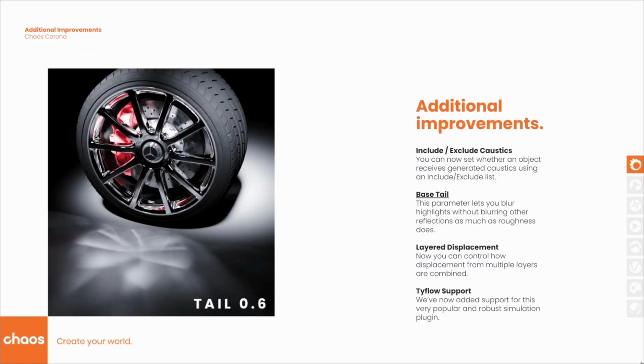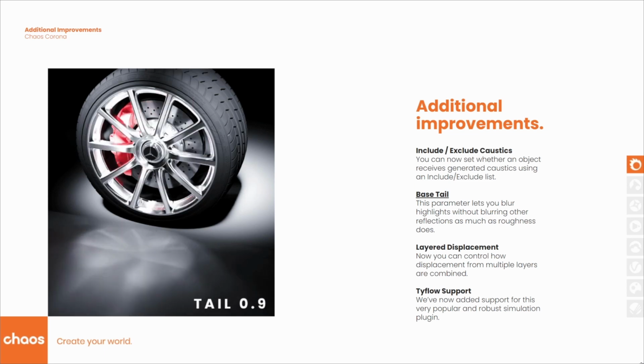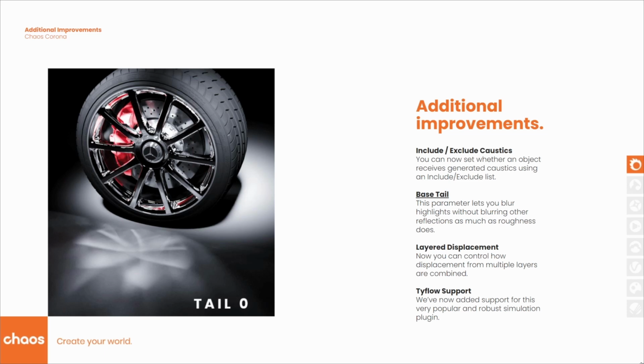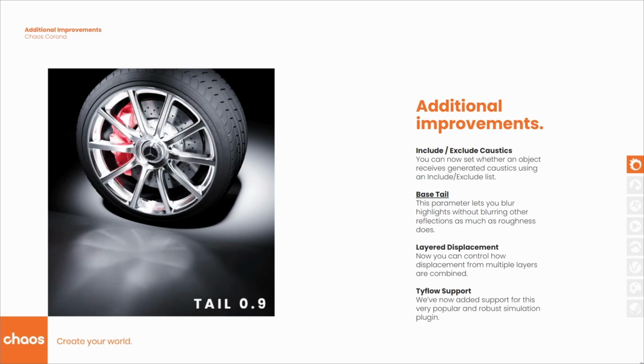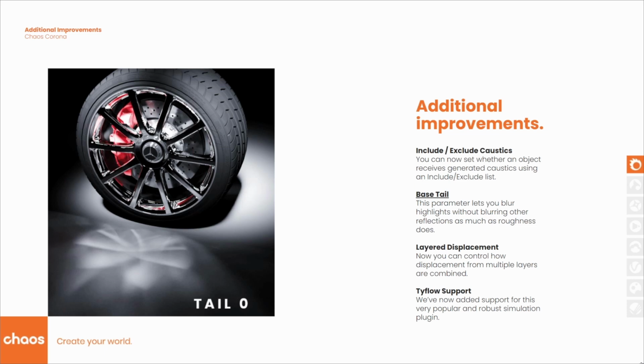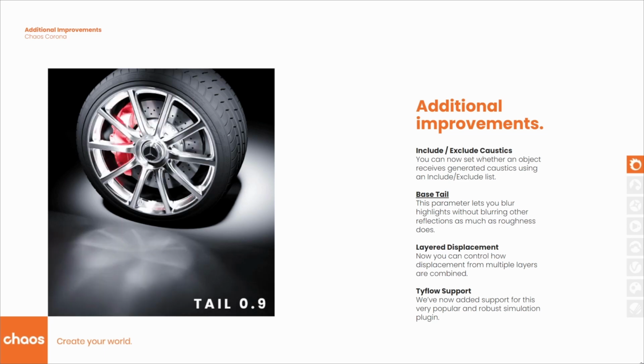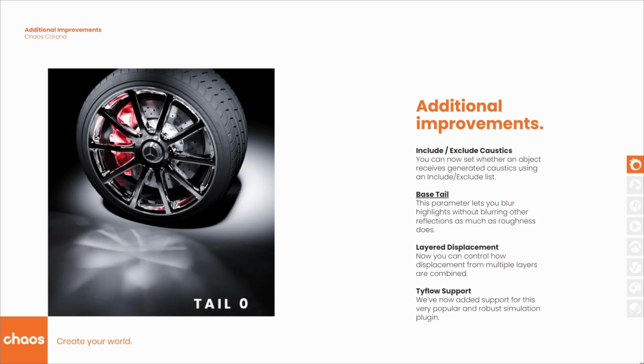Okay, so then we got another additional improvement, and that is the base tail parameter. This parameter is in the Corona physical material, and it lets you blur highlights without blurring other reflections in the same manner as roughness does. So what you're doing here is essentially setting the width of that base tail on your image. So you have a bit of a GIF or GIF, depending what kind of a person you are.